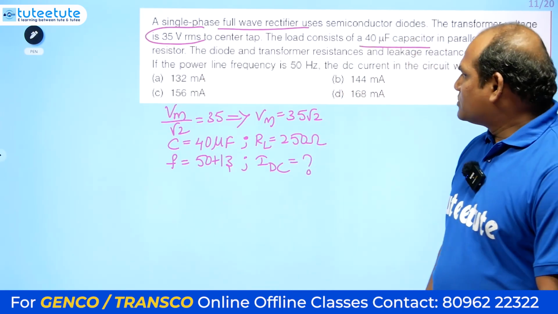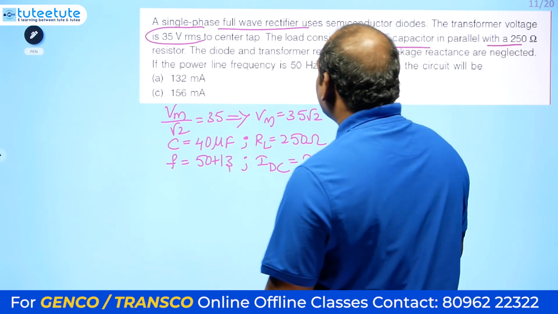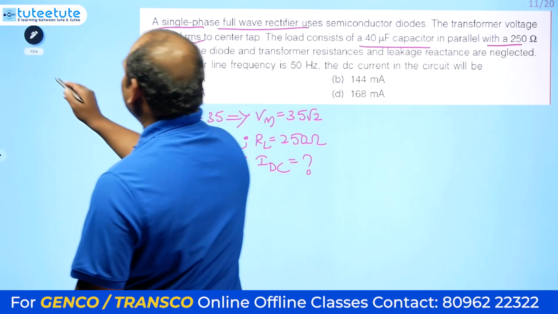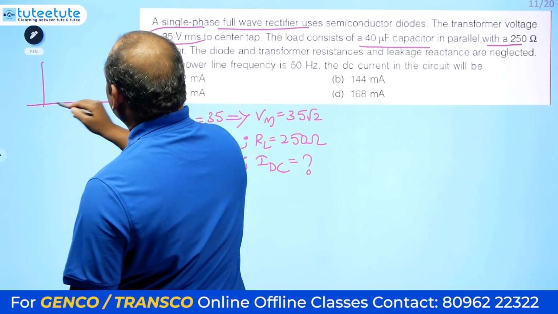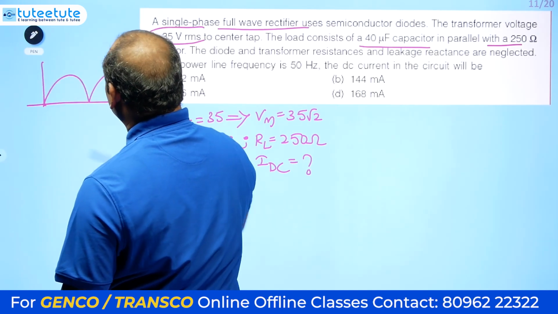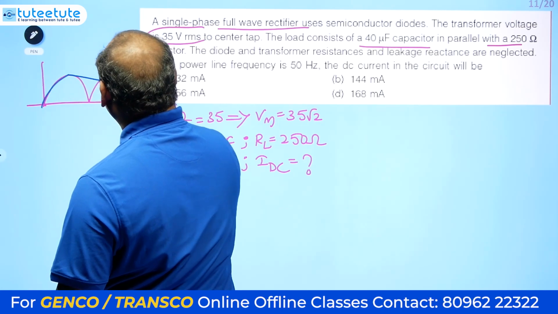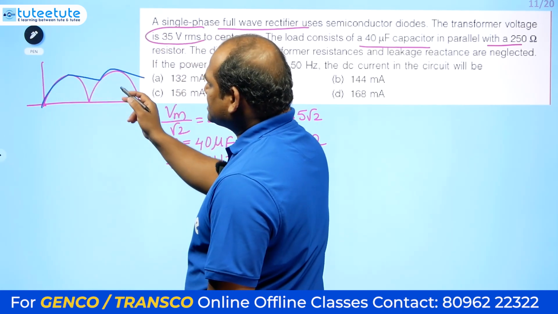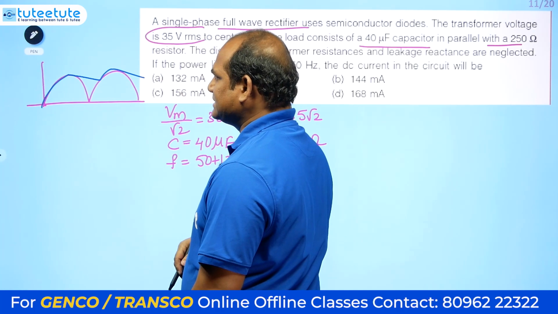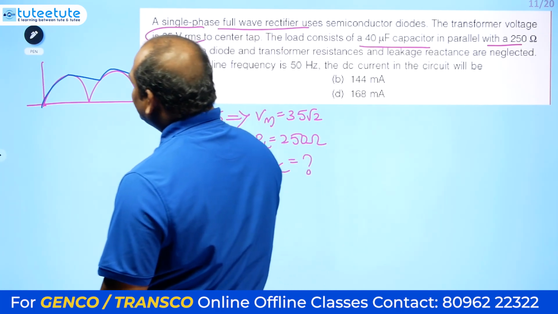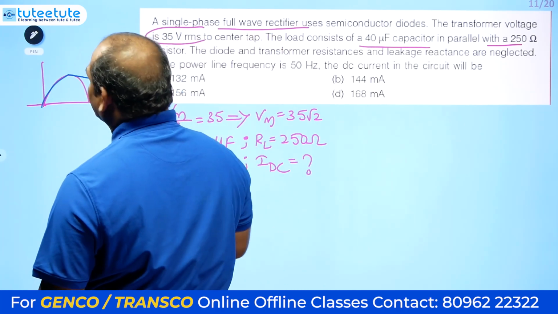So what is the procedure we have to apply? Because here we used a capacitor filter. This is the full wave rectifier output. With a capacitor filter, the capacitor charges and discharges like this, but one charging and discharging will be for half of the time period only.